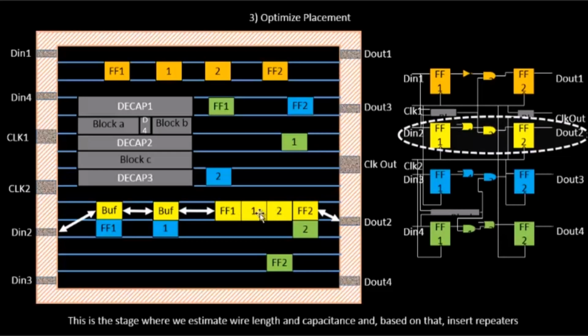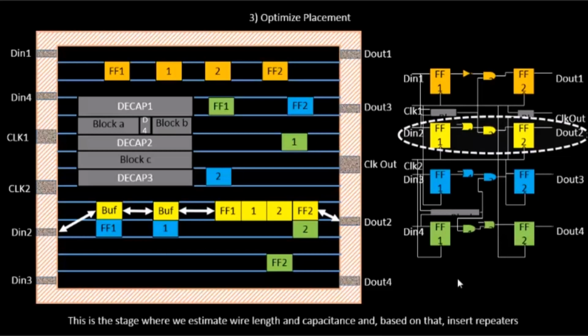So this is a very classic example of a high frequency circuit. Next, flip-flop 2 sends its signal out to D out 2 with a minimal delay. The wire length from flip-flop 2 to D out 2 will be very small, and as a result the delay will be very small. So this piece of logic looks to be taken out of a circuit that is working at a very high frequency.